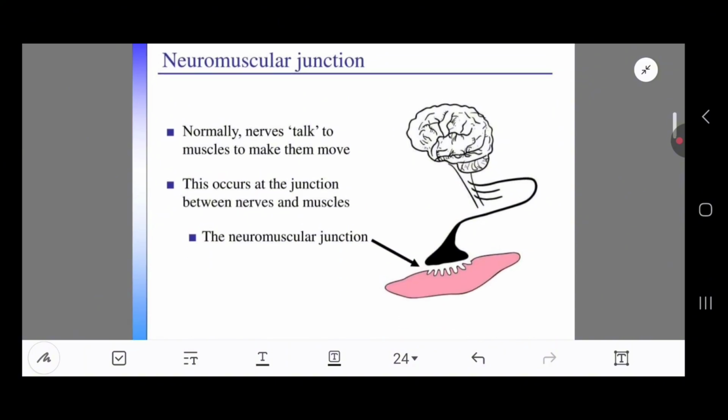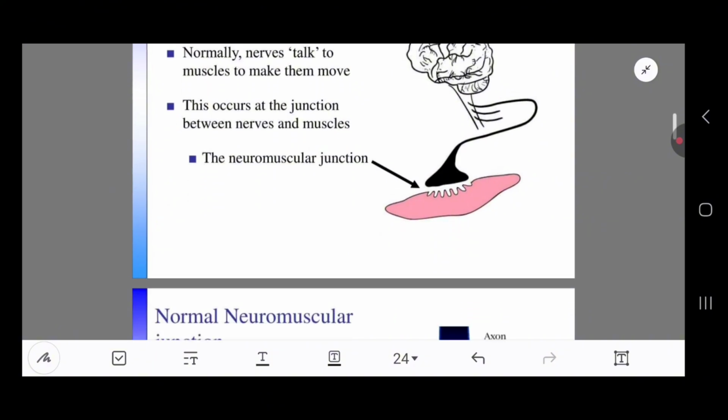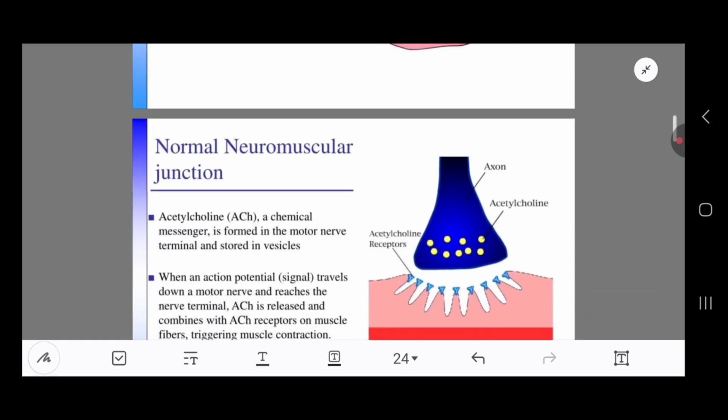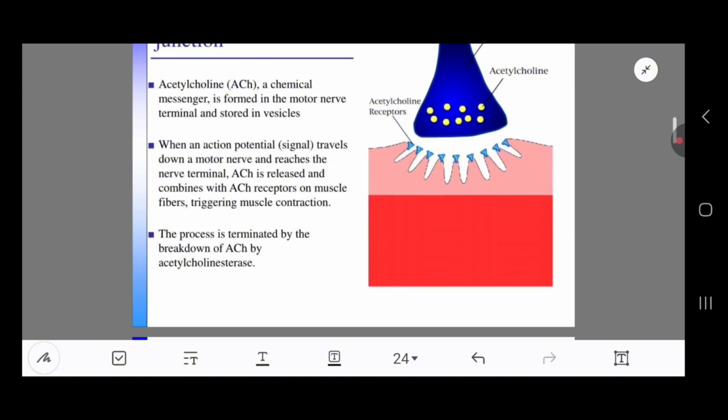This is the neuromuscular junction. Normally, nerves talk to muscles to make them move. This occurs at the junction between nerves and muscle. This is the motor neuron, as we mentioned before, and this is the muscle. This is the mechanism of action: acetylcholine will be released, go from the axon to the acetylcholine receptors, the nicotinic receptors, and then normally the muscle will contract.